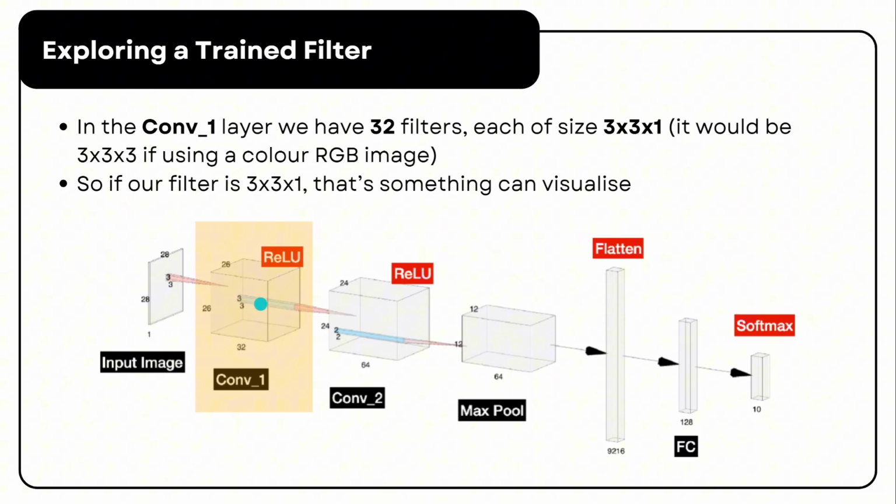But here's the interesting part. When we start training, the filters inside this conv1, so we have 32 times 3 by 3 by 1 here, in each slice it is 3 by 3 by 1.